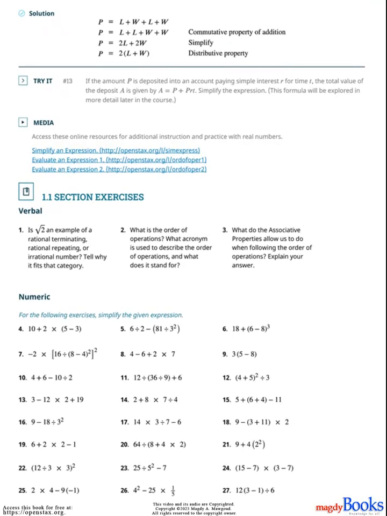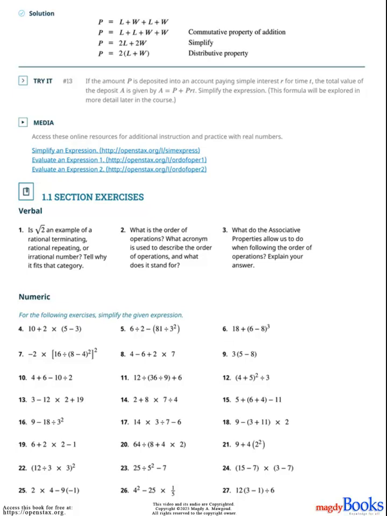P = L + W + L + W. P = L + L + W + W. Commutative property of addition. P = 2L + 2W. Simplify. P = 2(L + W). Distributive property.